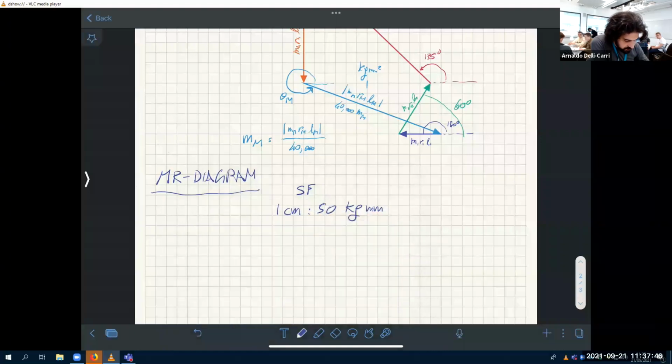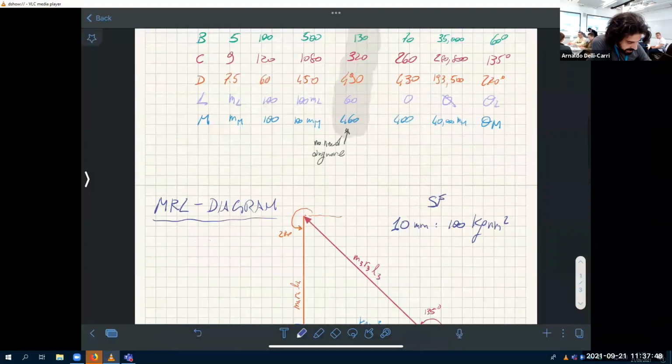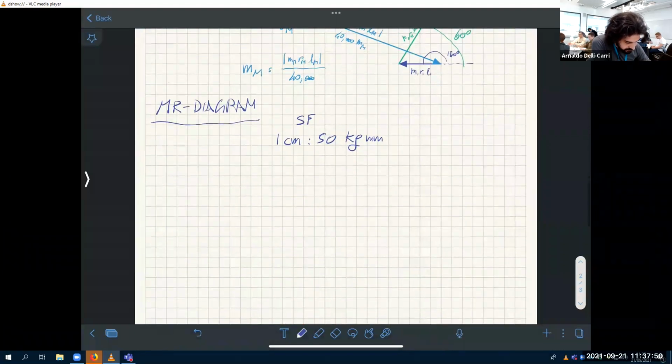So let's start with A. A is 480. So let's make this 1 centimeter is, yeah. So you draw this.